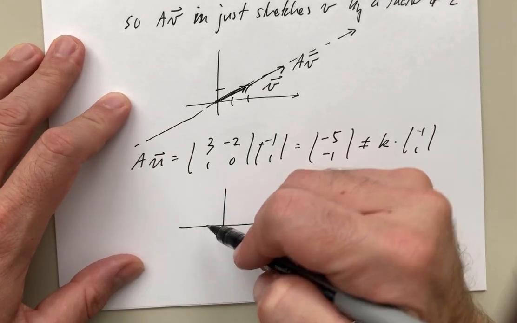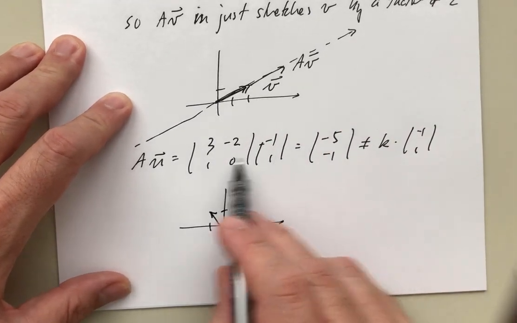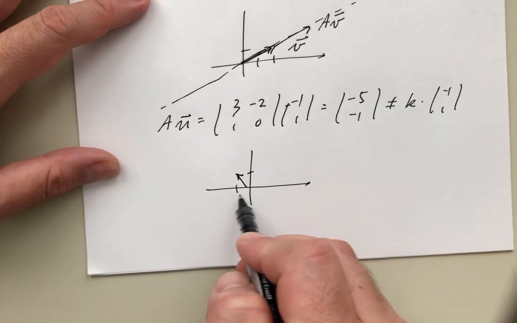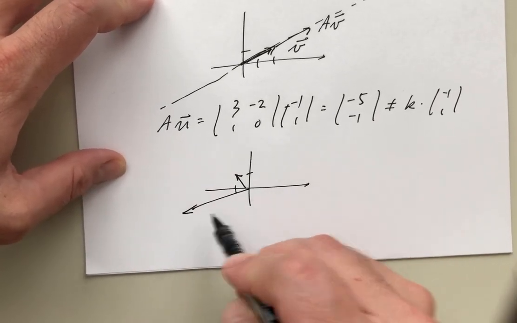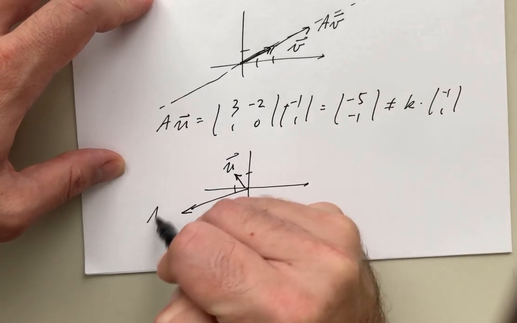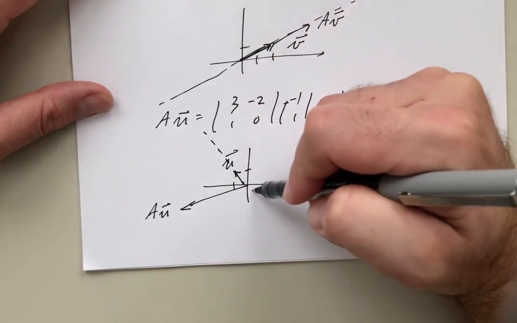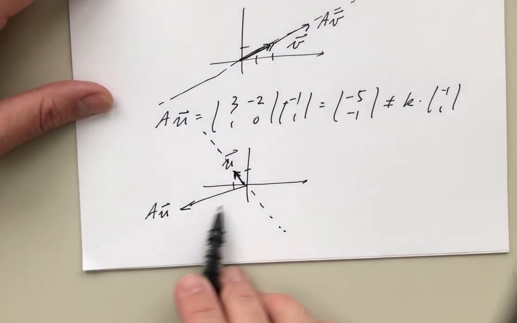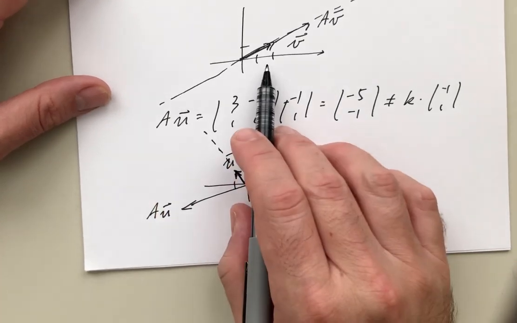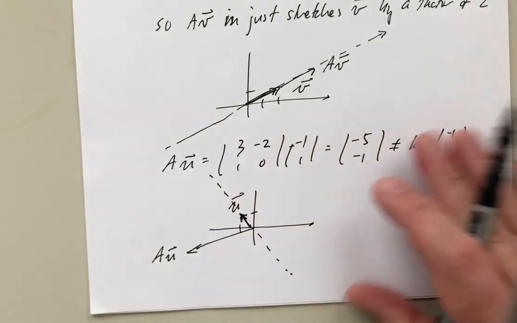So minus 1, 1 is something over here, and when I apply the matrix to it, I get minus 5, minus 1, which is something over here. This was U, this was A times U. The resulting vector is no longer in the line determined by U. So I started with U, applied the transformation, and got something not in the line. That's different from the situation where I started with V and got something in the line.